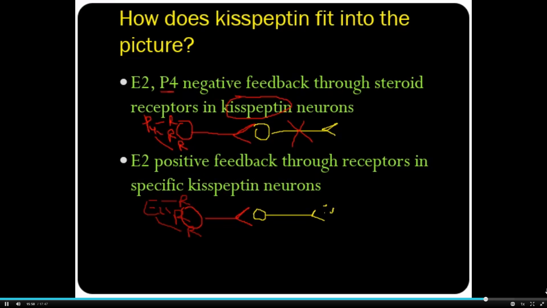This is representative of GnRH being released into the portal system so it can then go affect the anterior pituitary. So one way to look at this: in the negative, we're preventing GnRH from being released, and in the positive feedback system, we have E2 attaching to the receptors on the kisspeptin neuron, and it's going to cause a release of GnRH into the portal system and affect the anterior pituitary.